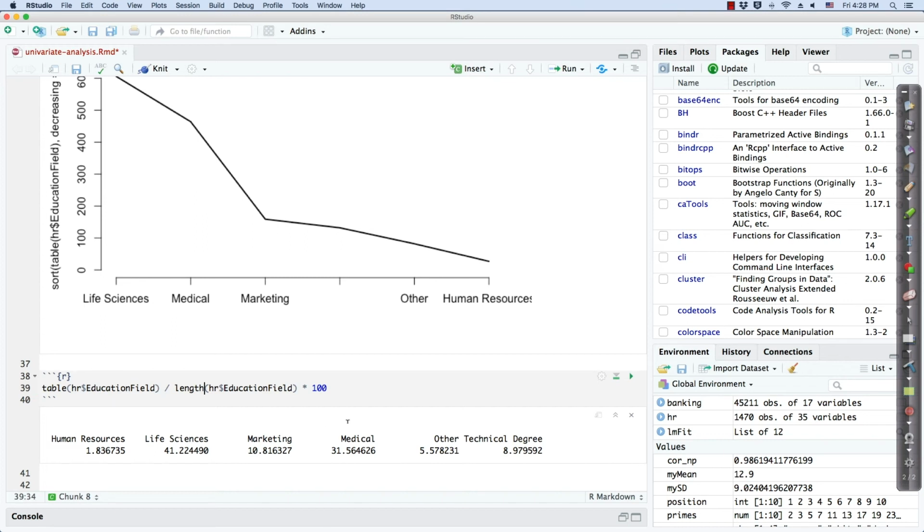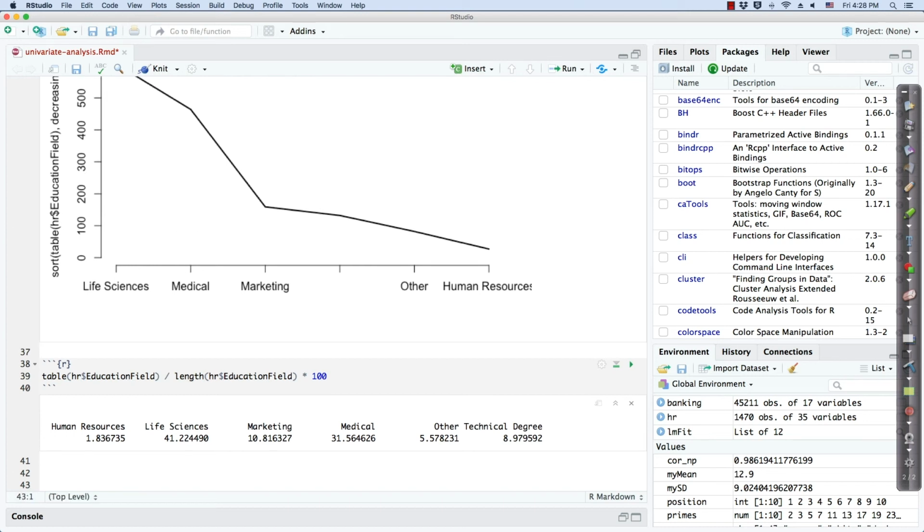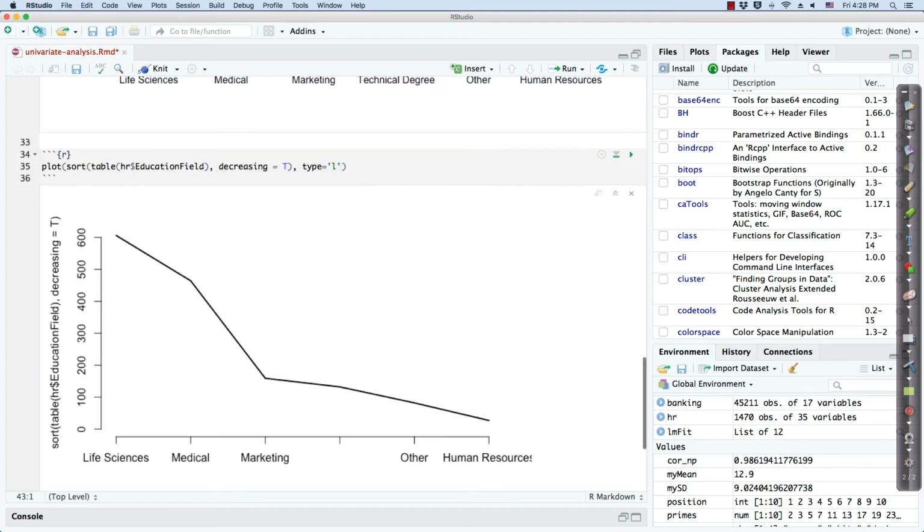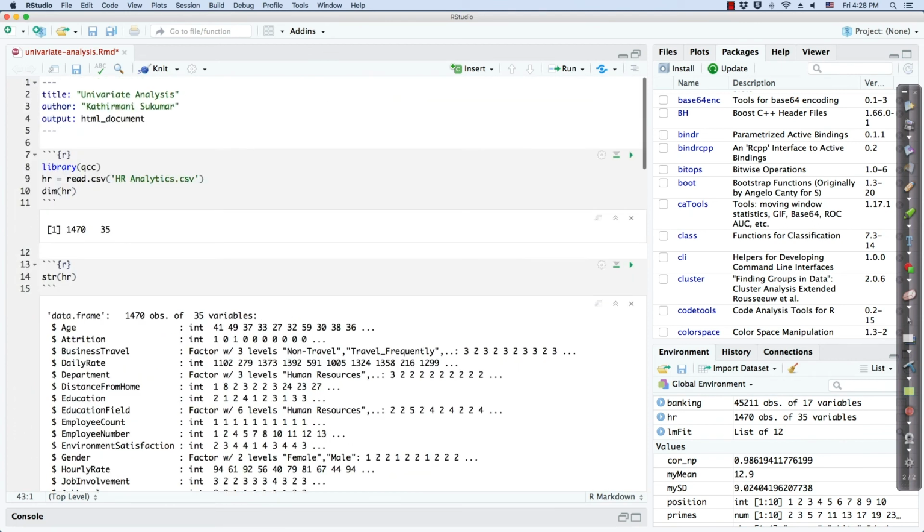So, we can see that life sciences contribute close to 41 percent of the frequency, followed by medical, which is contributing around 31 percent of the frequency. Likewise, for each category we have percentages of frequencies. This can be better visualized using a chart called Pareto chart, which can be installed via the package called QCC.